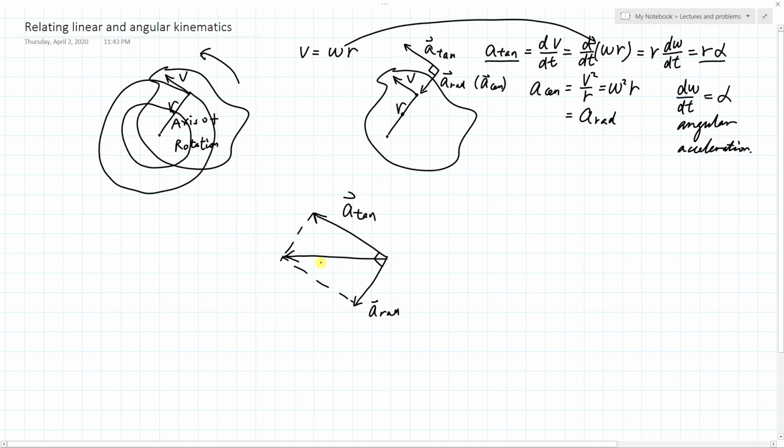I'm not trying to make this horizontal. This is just by chance. So this is the a total. So this a total is equal to the square root of a tangential squared plus a radial squared.